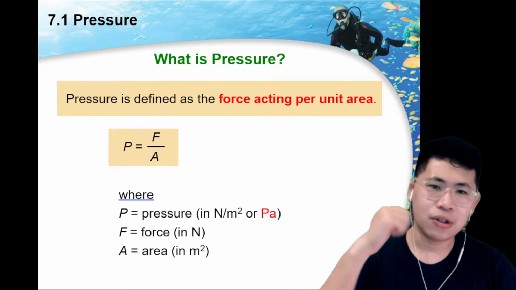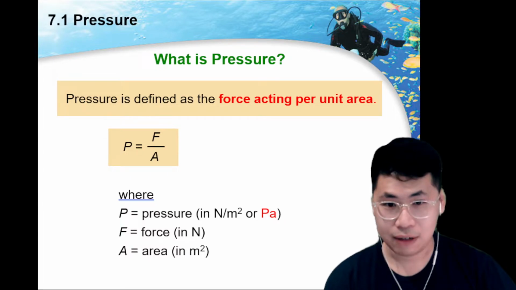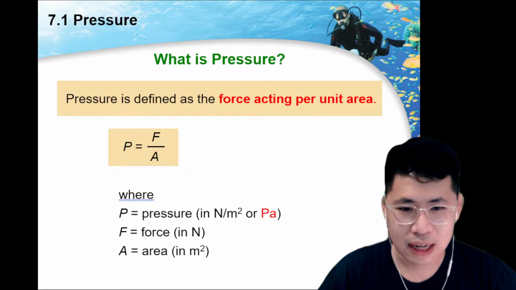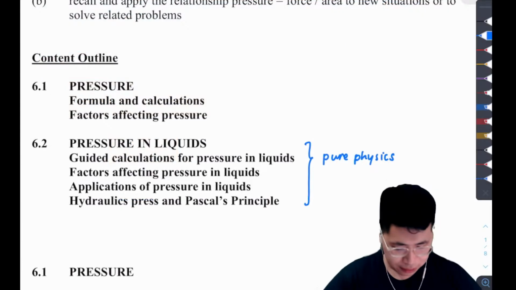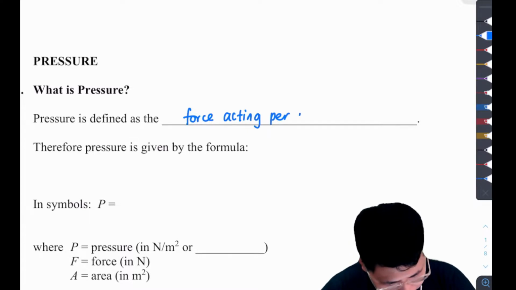Pressure over here is defined as the force acting per unit area. So you can think of it as force spread across an entire area. So it is defined as the force acting on a unit area.